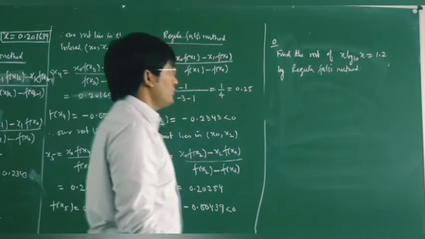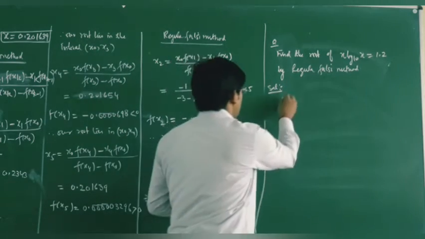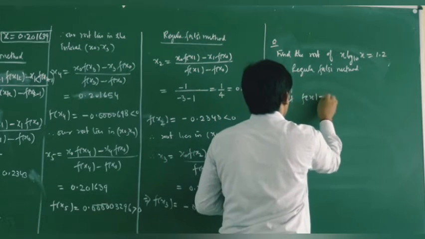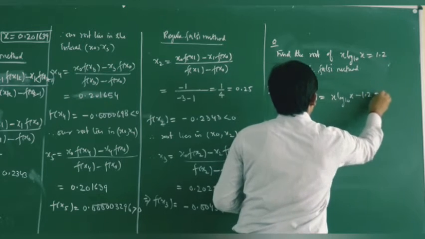Here we have to find out the root of this equation by Regula Falsi method. So let f(x) equal to x log x base 10 minus 1.2 equal to 0.